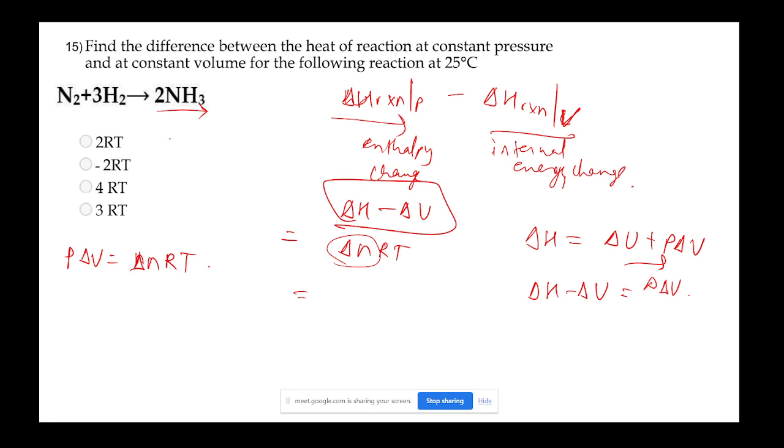Product formed are 2 moles, so 2 minus, there are 3 moles of H2 consumed and 1 mole of N2 consumed. So delta n is 2 minus 3 minus 1, which is minus 2. So delta H minus delta U will be minus 2 RT. So the correct answer is option B, minus 2 RT.